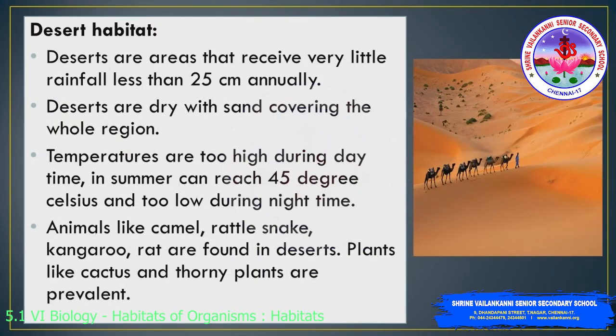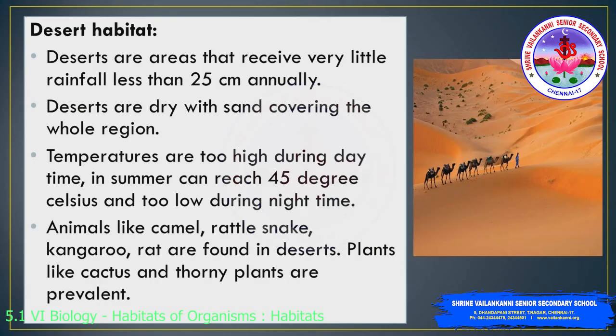The next type of terrestrial habitat is the desert habitat. Deserts are areas that receive very little rainfall, usually less than 25 centimeters annually. Deserts are dry with sand covering the whole region, as you can see in this picture.